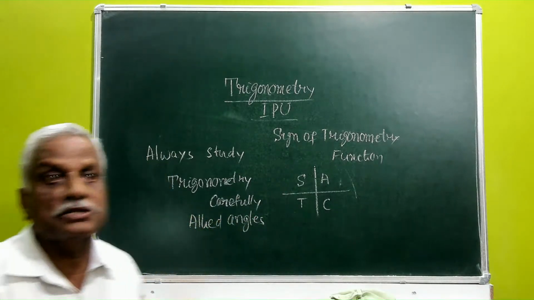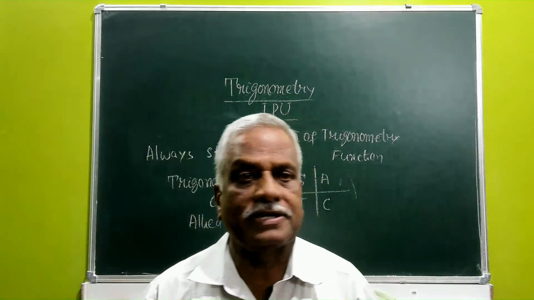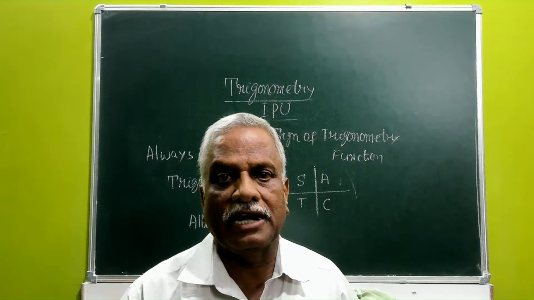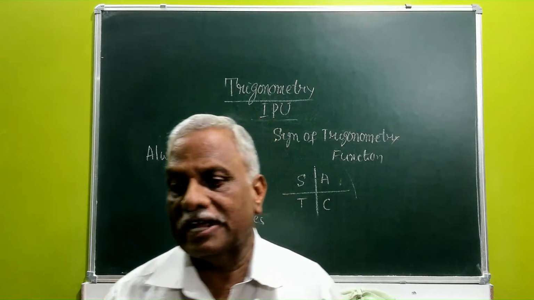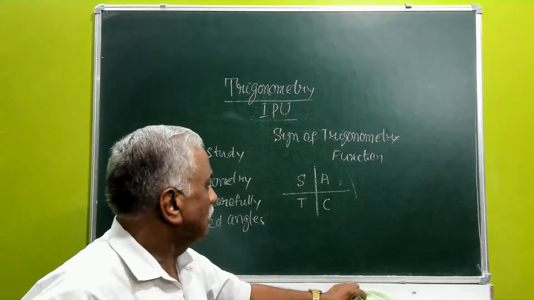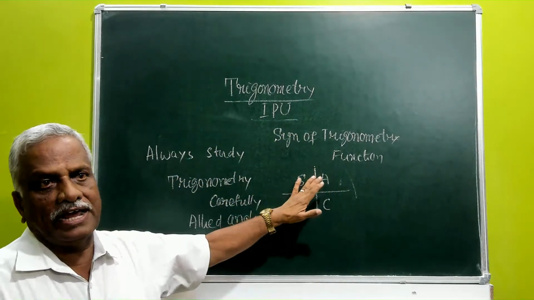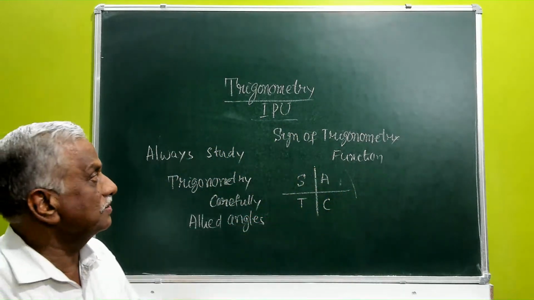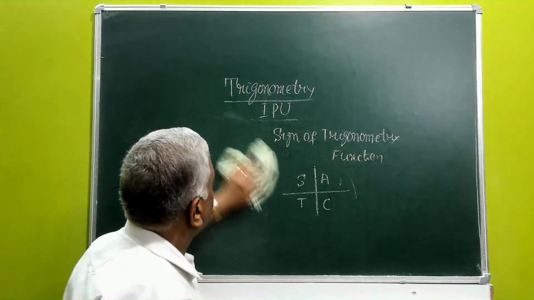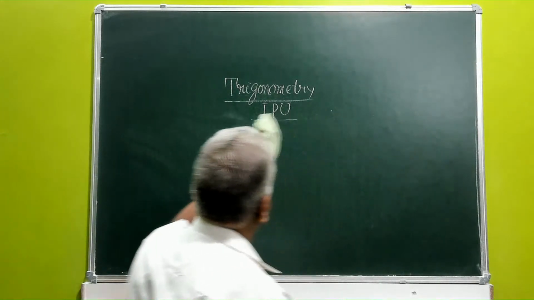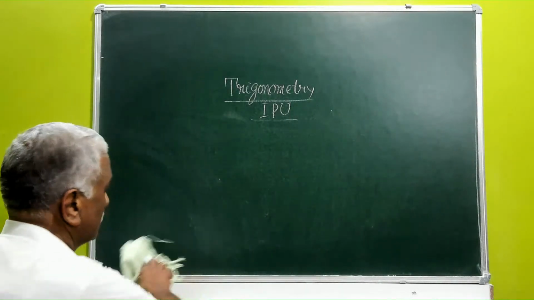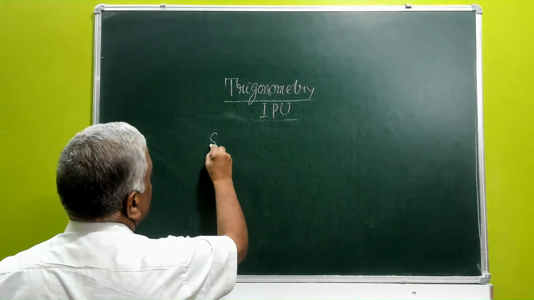I will be just rushing through all the concepts of first year PUC so that it will help you a long way in working on the problems. So after this, having an idea of trigonometric standard results and having this sign convention, we move on to the next: standard angles.